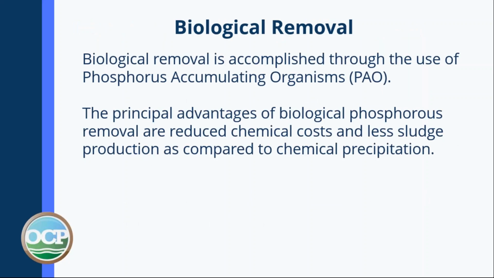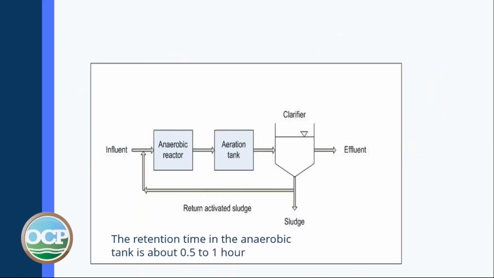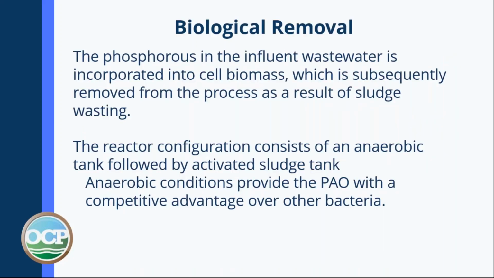Biological removal is accomplished through the use of phosphorus accumulating organisms, PAO. The principal advantages of biological phosphorus removal are reduced chemical costs and less sludge production as compared to chemical precipitation. Phosphorus in the influent wastewater is incorporated into the cell biomass, which is subsequently removed from the process as a result of sludge wasting.